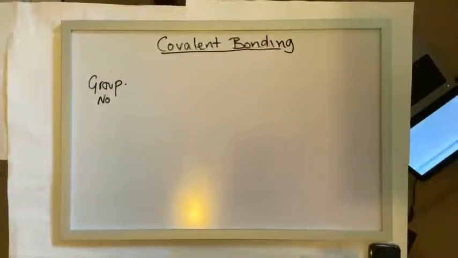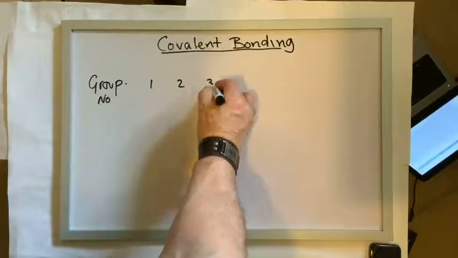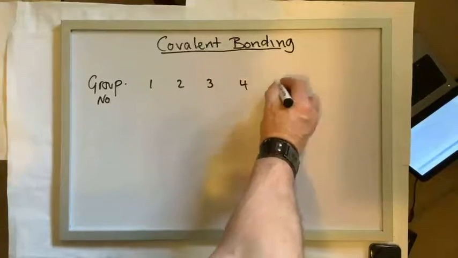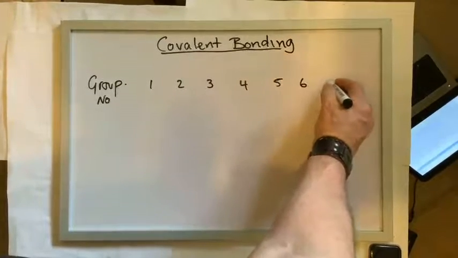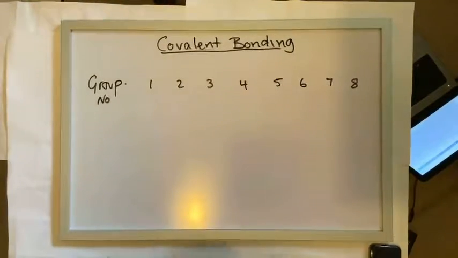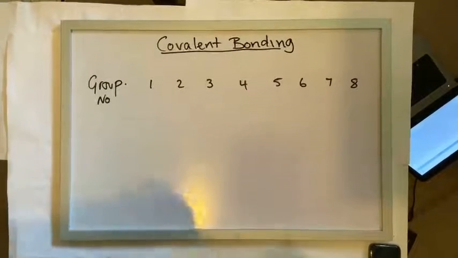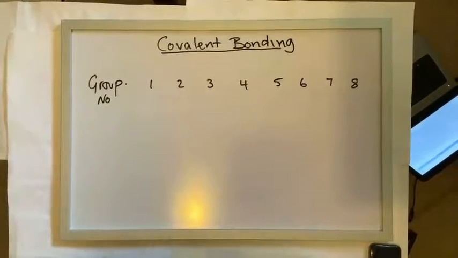If we remember, the groups have numbers. We have group number 1, 2, 3, 4, 5, 6, 7, and 8. This tells us how many electrons it has in its outer shell.